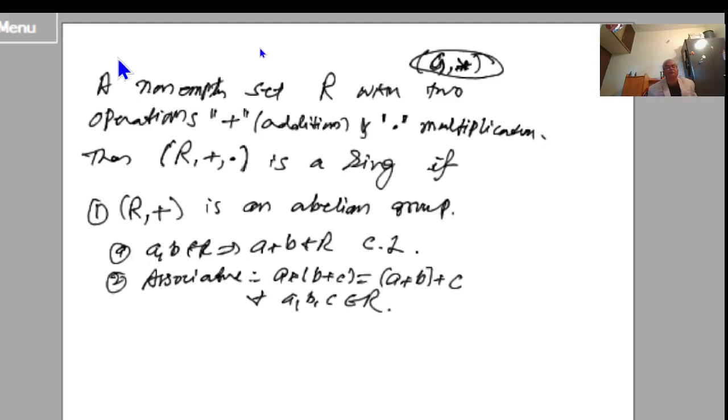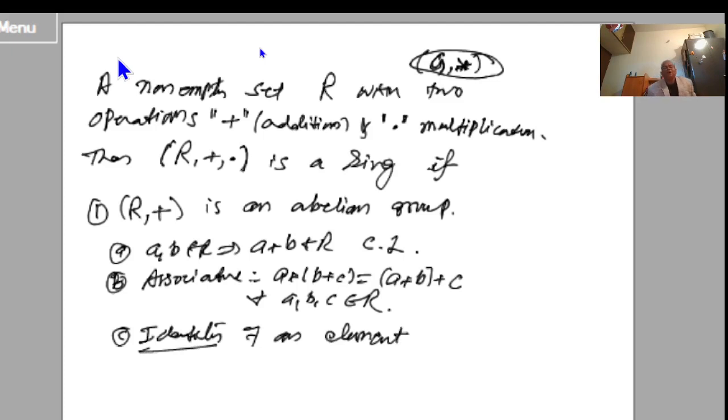This must be satisfied. Next, identity. There exists an element. So here we have two operations.